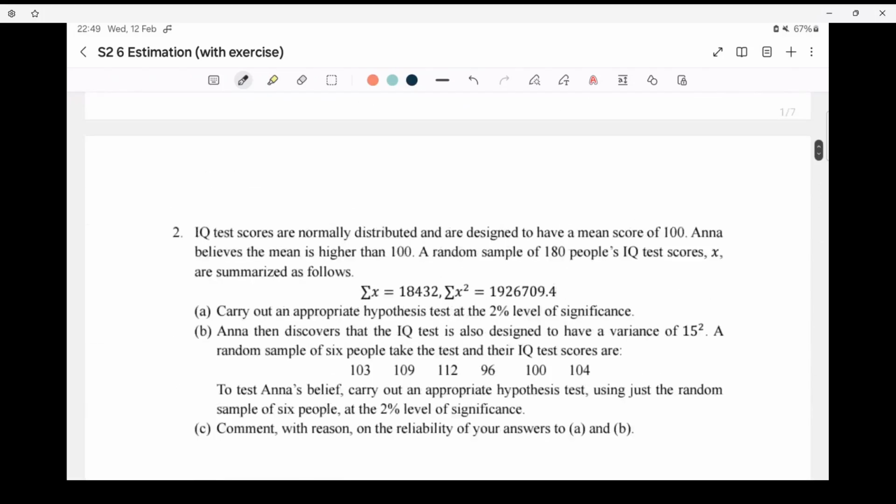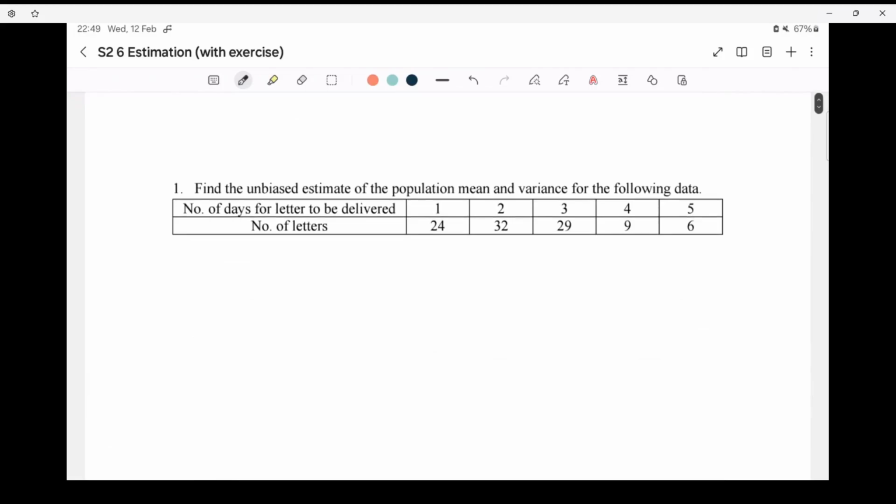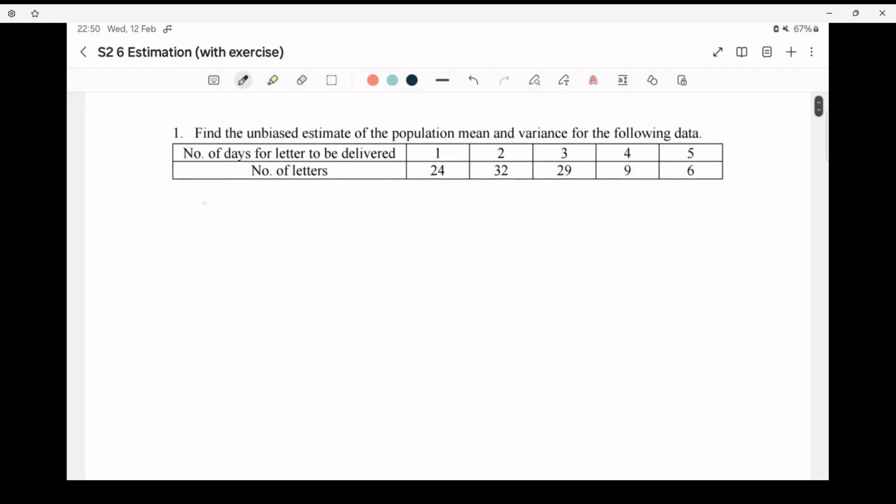So let's look at one example for unbiased estimation. Let's say you have this particular set of data, and you want to find the unbiased estimate of population mean and variance. So for population mean, basically this is your sample mean, and you sum everything.